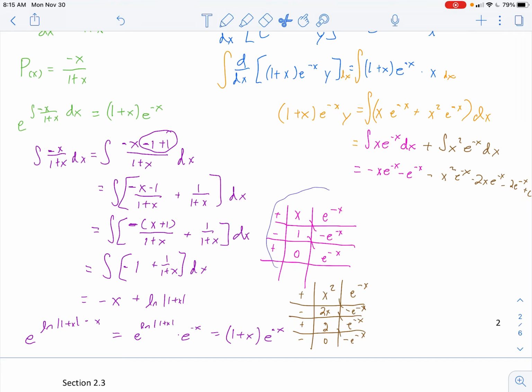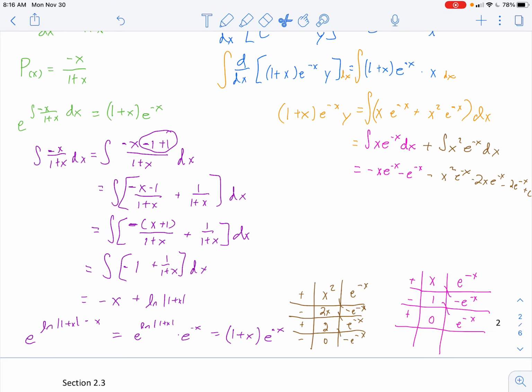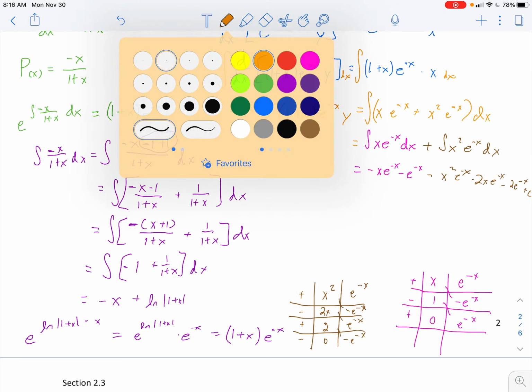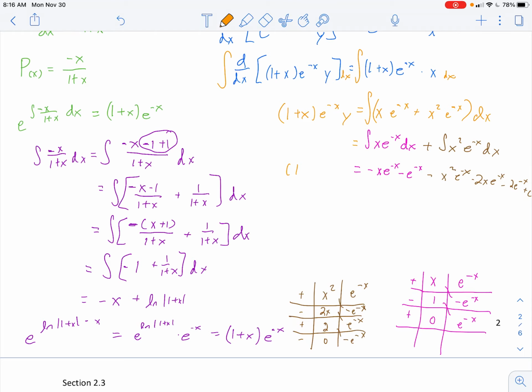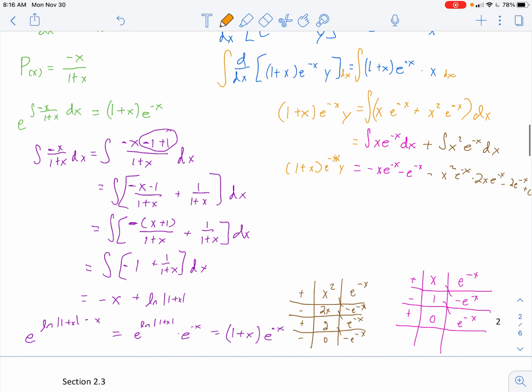I'm going to go ahead and just move all this down so that we still have room. All right, and on the left-hand side, let me keep that in orange, we're still 1 plus x e to the negative x y.